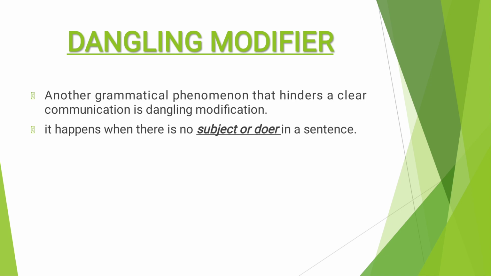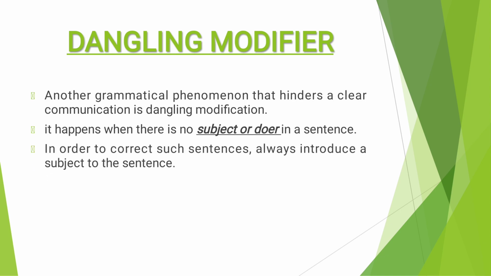And that ambiguity, we said that whereby the sentence could be interpreted in two or more ways. That was the key. But under dangling, we are saying that it happens when there is no subject or doer in a sentence. If there's no subject or doer in a sentence, then we are within the scope, within the territory, within the boundary of dangling modification.